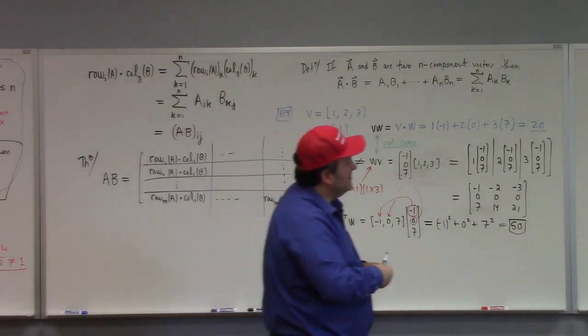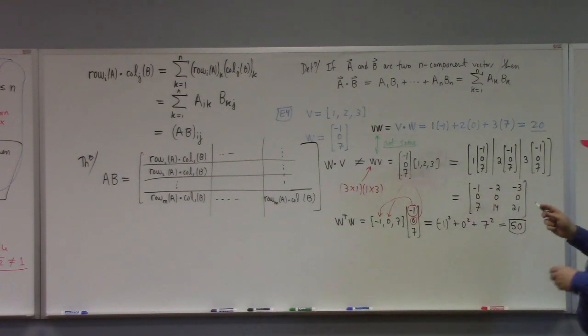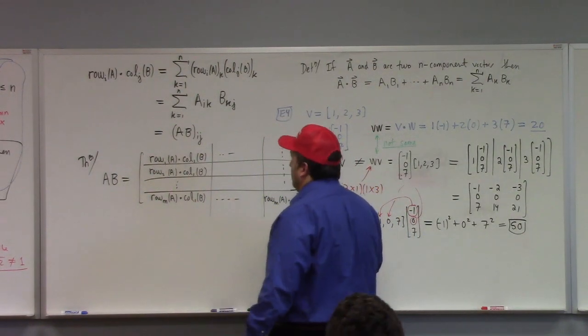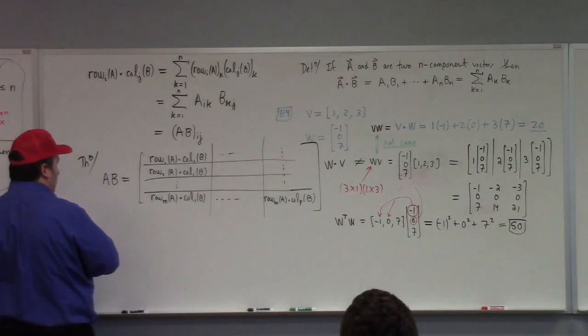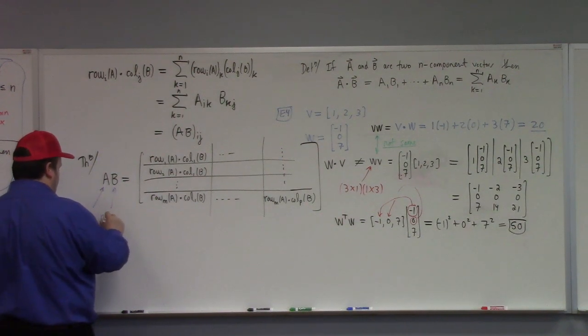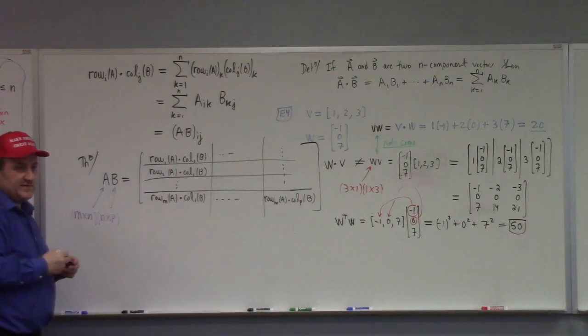B was n by p. How many columns are there then? p. There are p columns, right? So this should be column p. Just to remind you what we're doing, A was m by n times n by p, so the answer over here should be an m by p matrix.